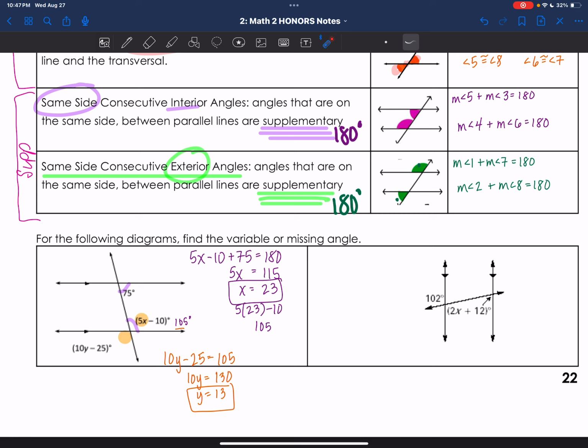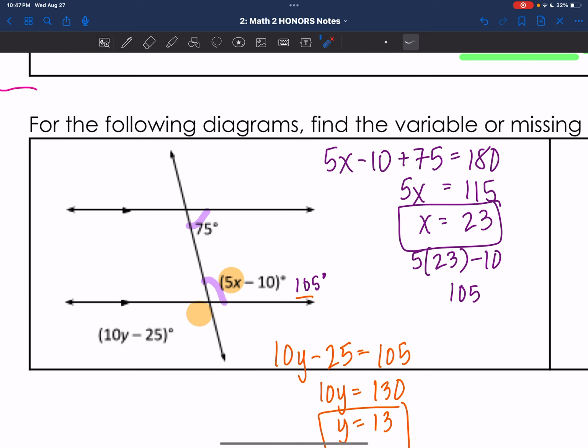if we need to find the variable or missing angle in this, well, right away, I know we have to find x. So we have to use 75 to help find x. And we can do that because those are same side interior or consecutive interior. And so we're going to go this plus this, because they're supplementary, equals 180.